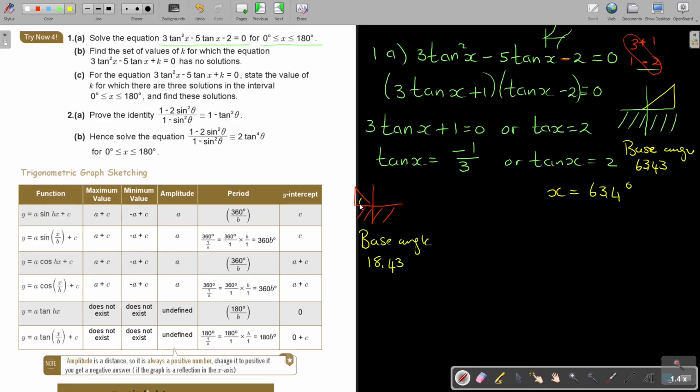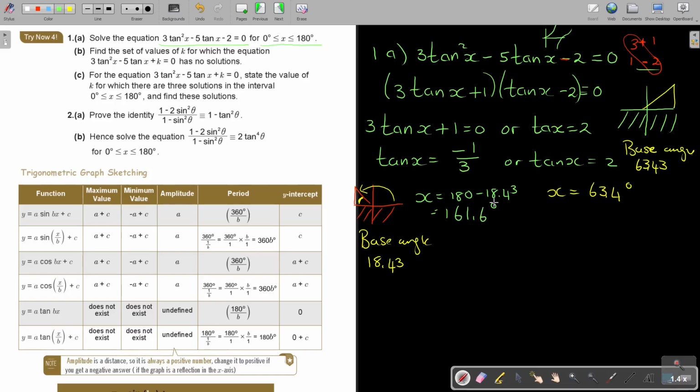Okay, so that one is 18.43, but remember I'm working from there. So I'm going to say that x is equal to 180 minus 18.43.